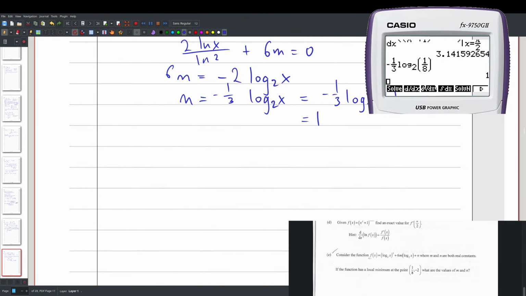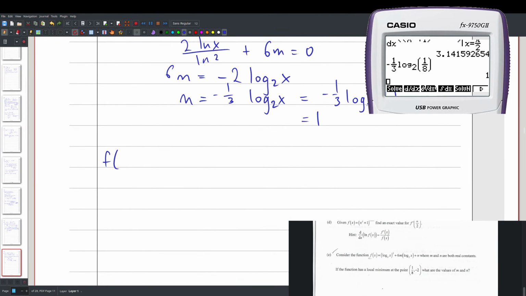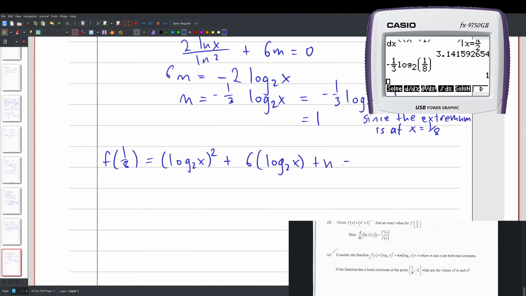Since the local minimum, since the extremum is at x equals 1 on 8, f of 1 on 8 is equal to log 2x squared plus 6 log 2x plus n, which is supposedly equal to root 2, or that's what they tell us anyway.